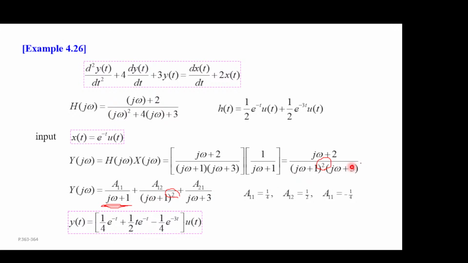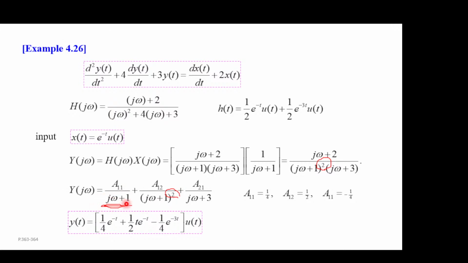For the j omega plus 3 term, you still have just 1 over j omega plus 3. But for the j omega plus 1 term, because you have a square here, you also have a square term, and you still have the non-square term.